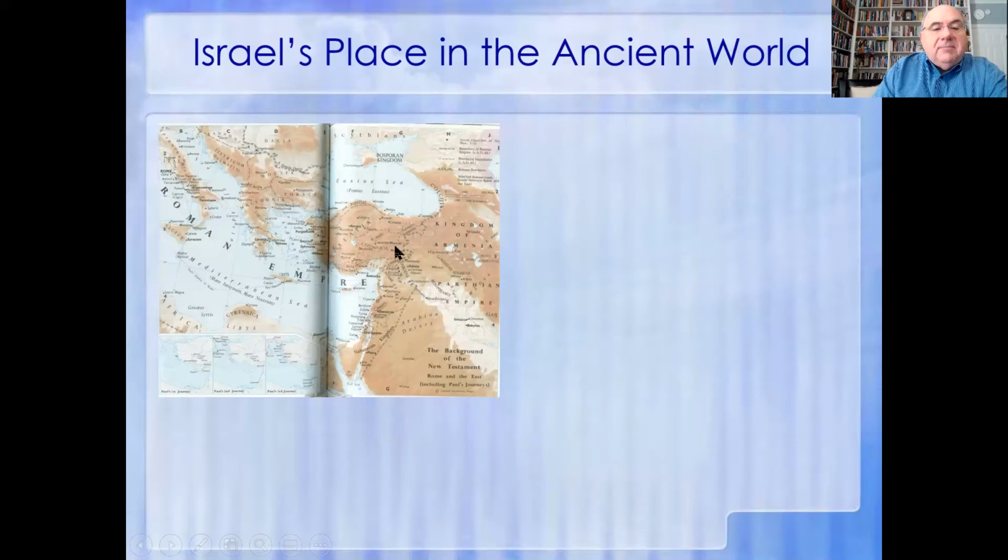Again, you may find a map similar to this. Here, we can always orient ourselves with Italy. We know where Italy is here, always looking like the boot. And then here is where Israel is located, right in here. But in the ancient world of the Assyrians and the Babylonians, their empires were here in this area.